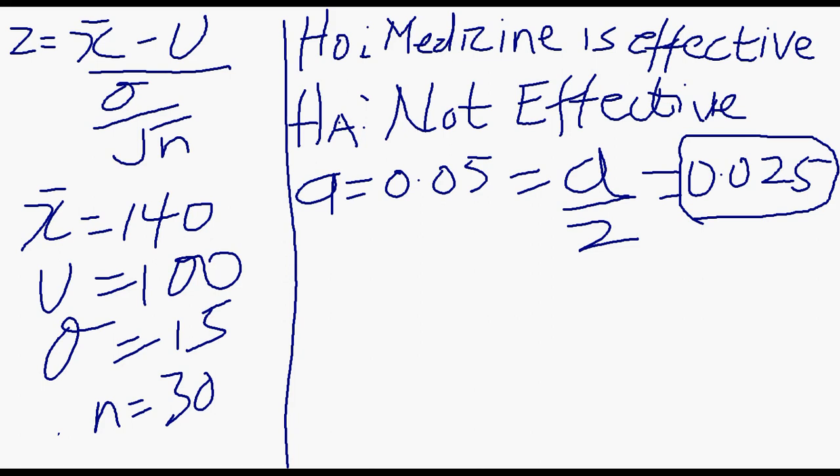Oh, okay. Yeah, 0.025. This is called negative 1.96. So plus or minus 1.96.